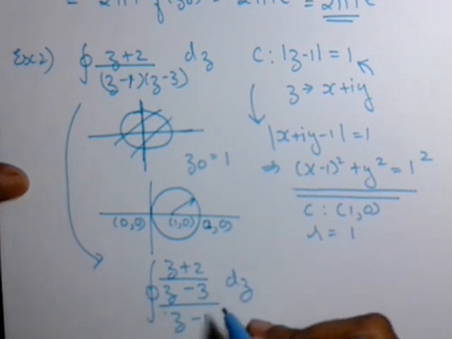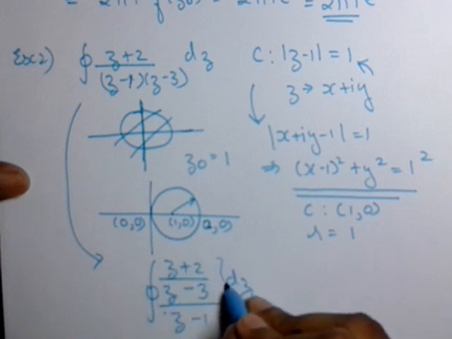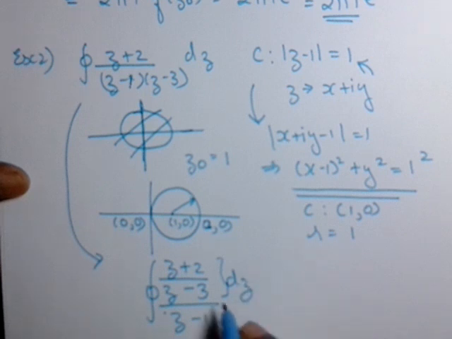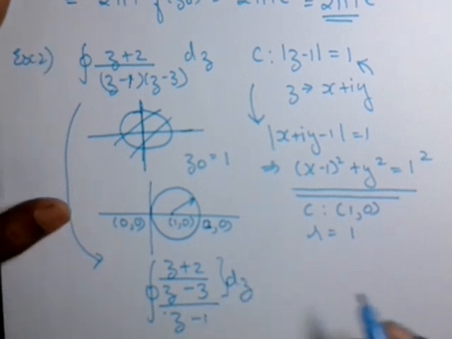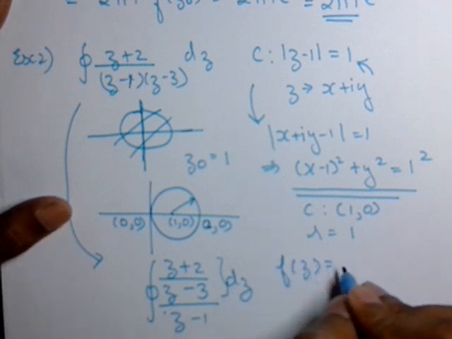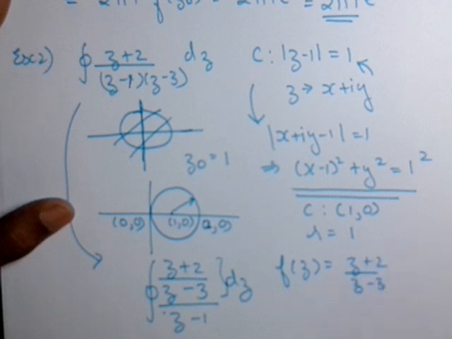If we multiply this numerator by 1 upon (z minus 1), which gives us this only. So now the function f(z) is (z plus 2) upon (z minus 3), and the z0 is 1.